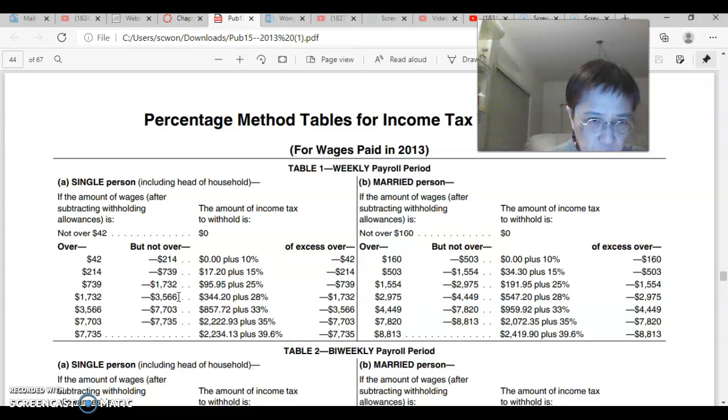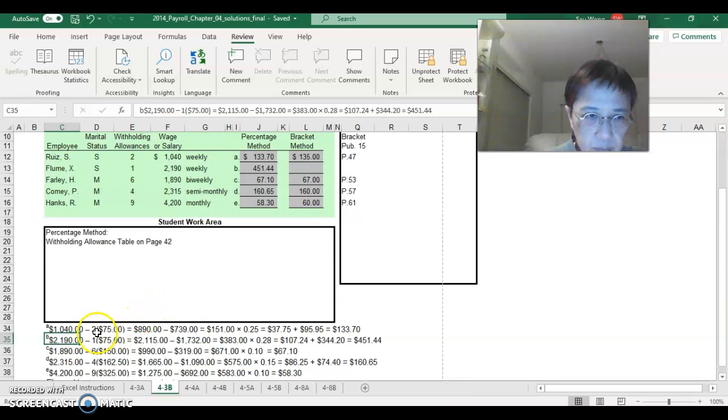So we take the $2,115 minus the 1,732. Okay, so in here, 2,115 minus 1,732 equal to $383 times 28%.